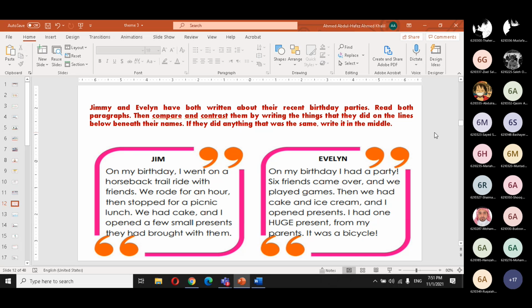Okay, they celebrated their birthday. So what's similar between both celebrations and what's different between both celebrations? Read the paragraphs and we will discuss the similarities and differences.